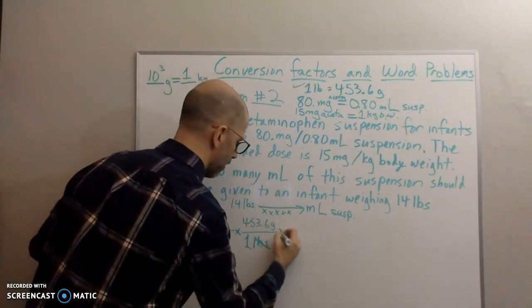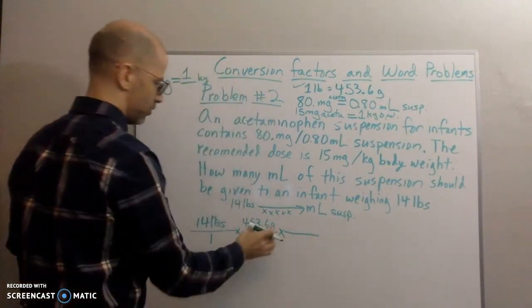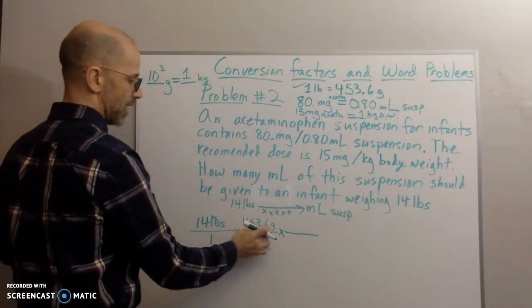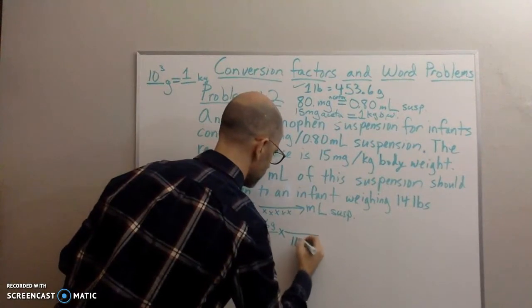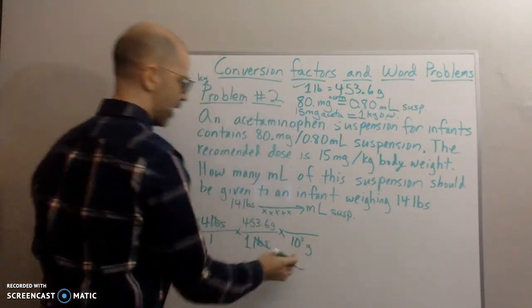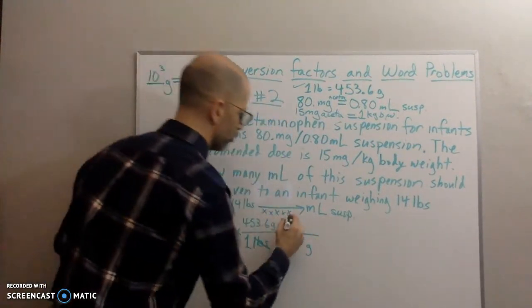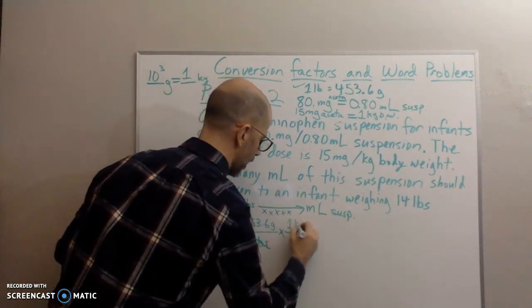So I've got that down. Now I've got grams on top, so I'm going to put grams on the bottom. That's going to be 10 to the 3rd grams on the bottom and 1 kilogram on top.